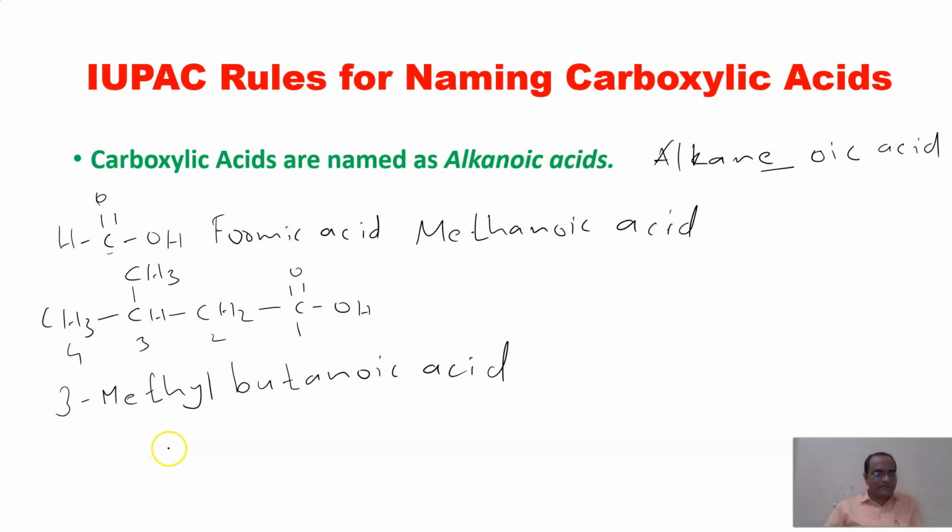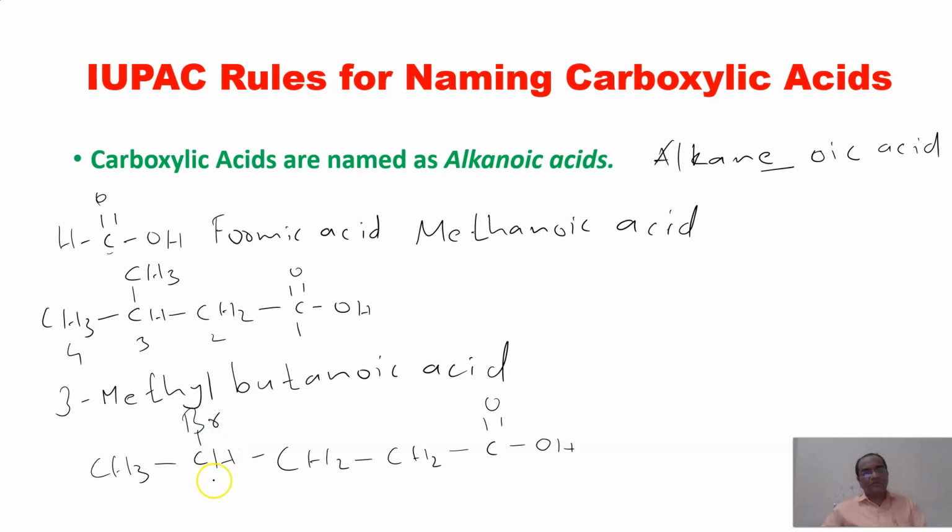Let us see one more example. Again, there is a bromine substituent present, but the highest priority group is the carboxylic acid.